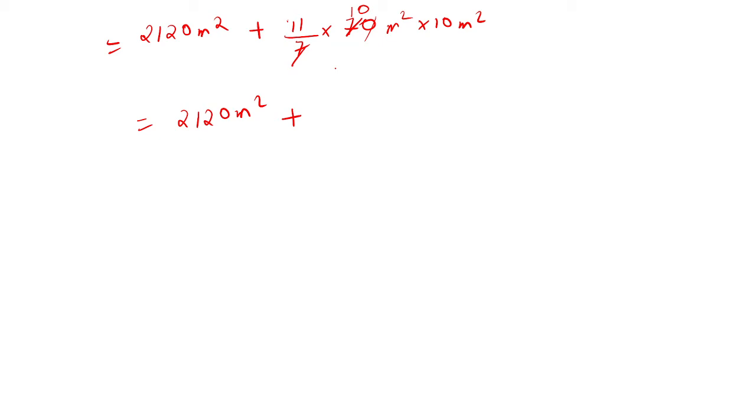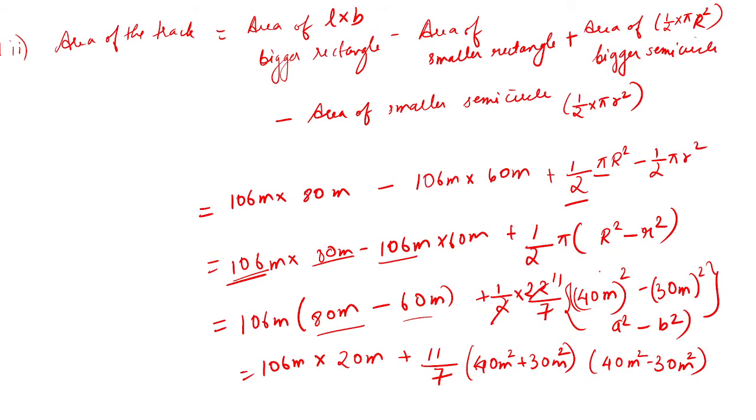Wait, let me just see if I've made any mistakes here. Pi r square by 2, so I take 2 common, so I'm left with pi, and I'll be left with r square minus r square, okay.